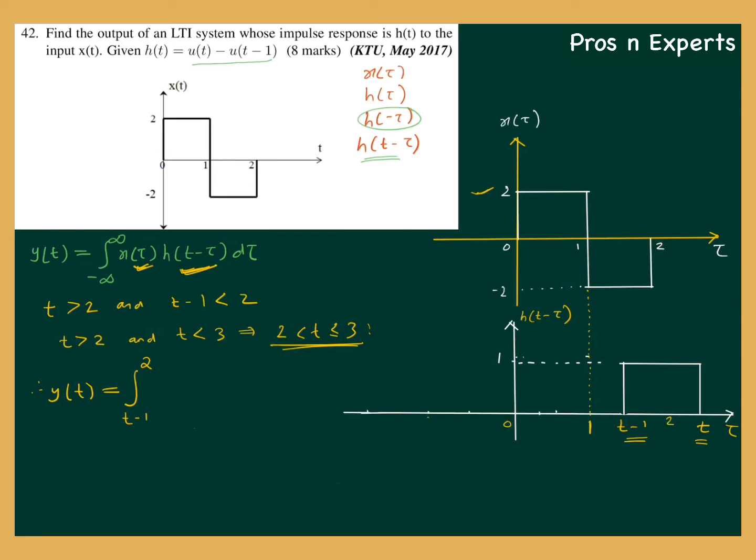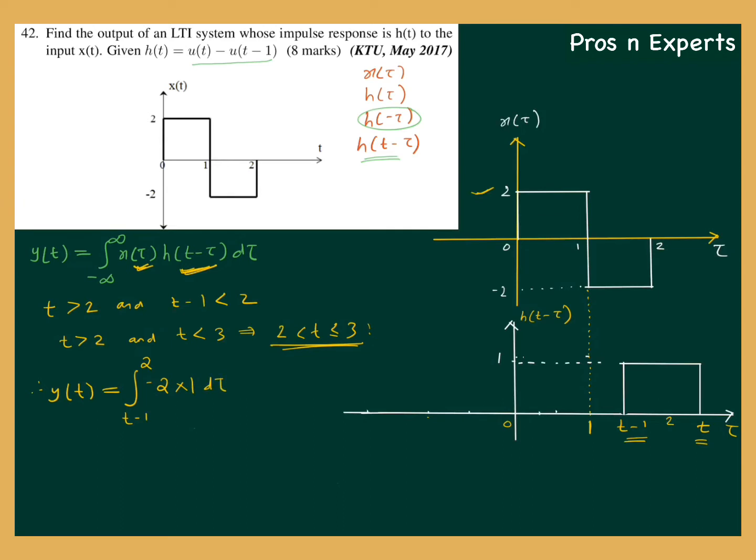Then x of tau in this interval t minus 1 to 2, is it 2 or minus 2? It is minus 2, not 2. So minus 2 into 1, because h of t minus tau is always 1, d tau.